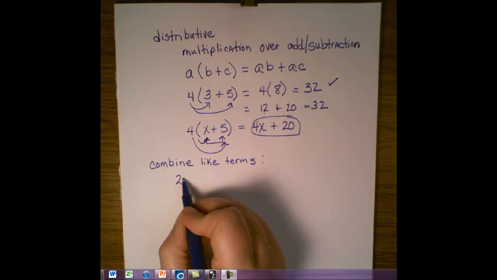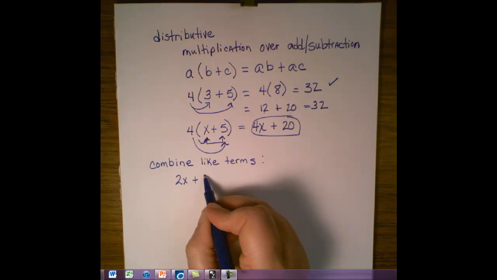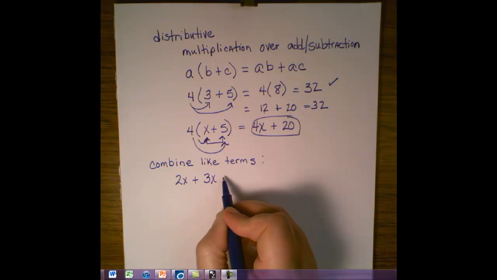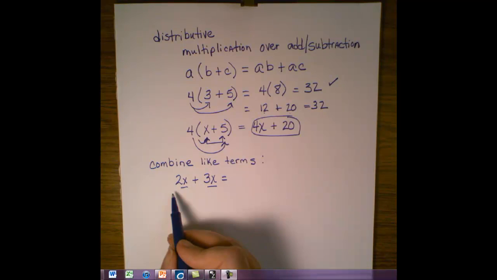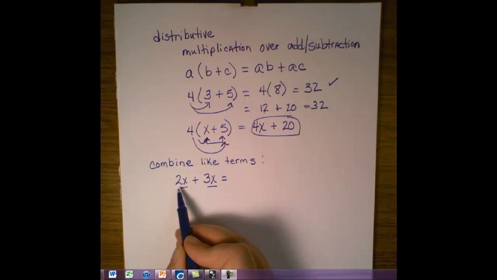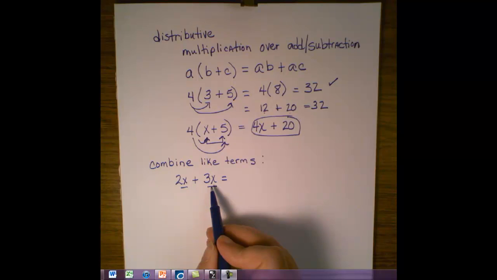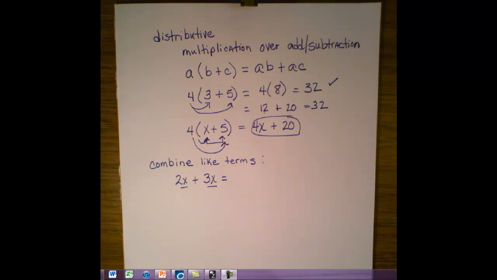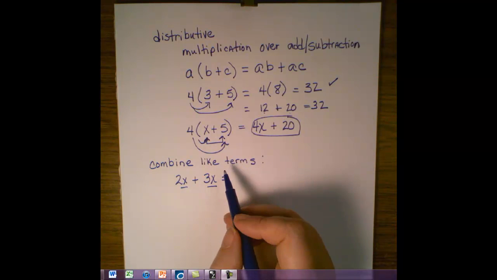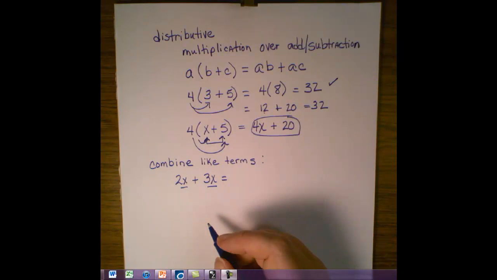Well, if we have 2x plus 3x like we had before, these are like terms. And it's saying I have 2 of them and then I have 3 of them. And if I use this distributive property, I could go into the whys, but in my videos I'm not into the whys. Your teacher can give you the lecture. I'm going to show you the hows.